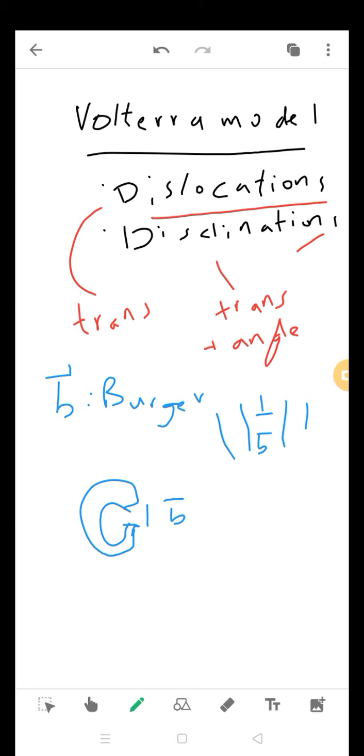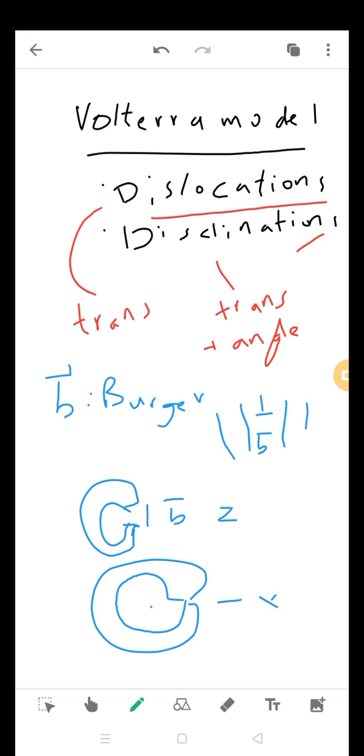Similarly, it can be a case like this, where the Burgers vector, consider this as x, is in the x direction, or it could have been like this, where the Burgers vector is in the y direction.